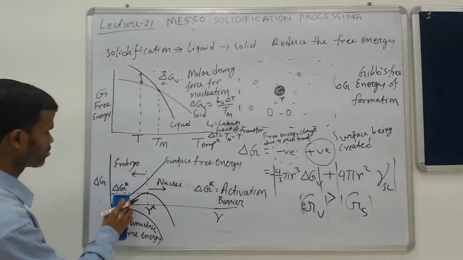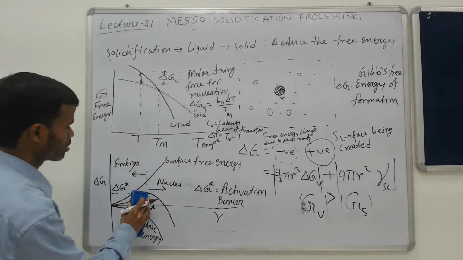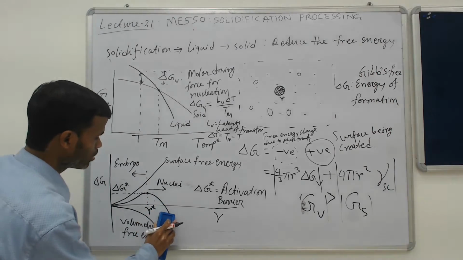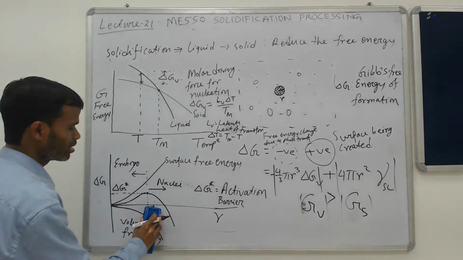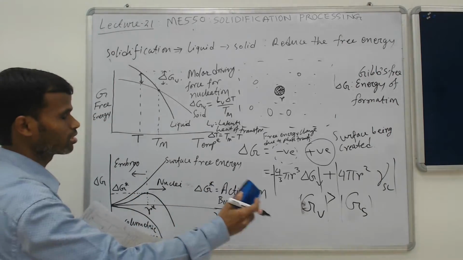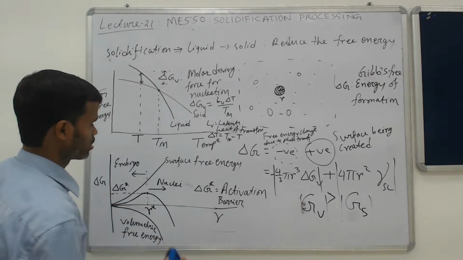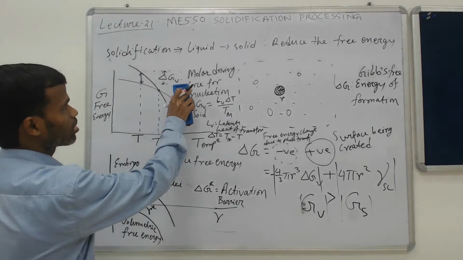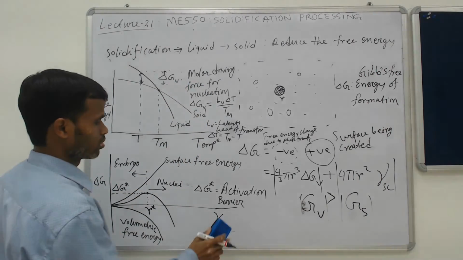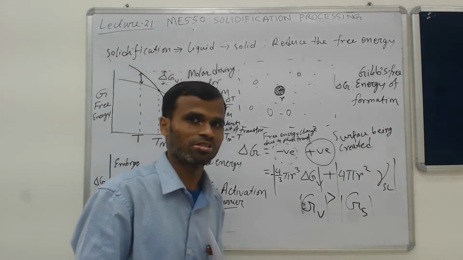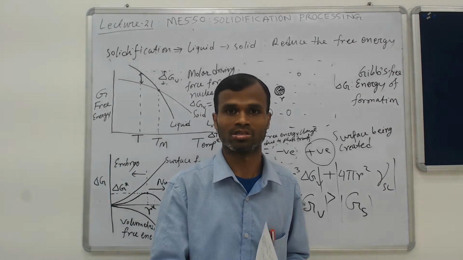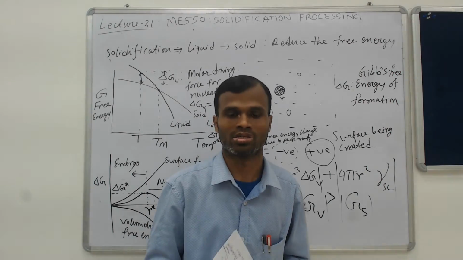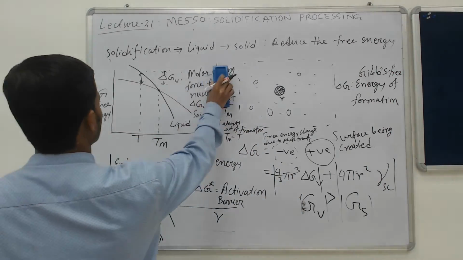Because you have to overcome this energy, then only the cluster can reduce the total energy by increasing the size as you go this side. So this is called the activation barrier. Delta Gv is the driving force. This is the change in free energy the system wants to become a stable state. So these few things you should not forget.